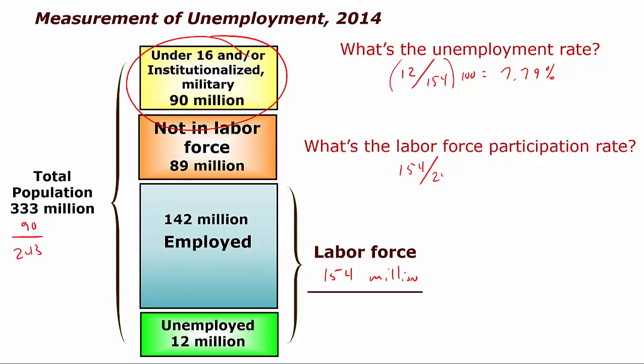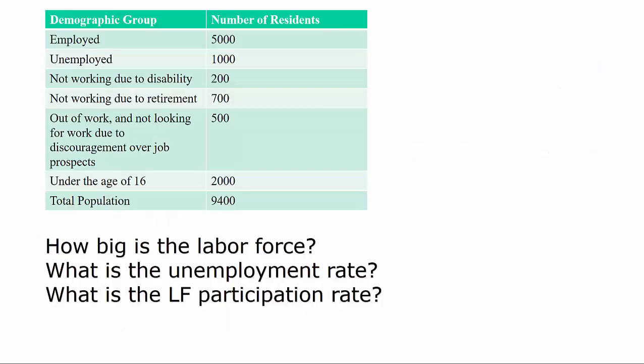So the labor force participation rate is 154 divided by 243 times 100, and I got to get out the calculator. 154 divided by 243 equals that times 100. I got 63.37%.